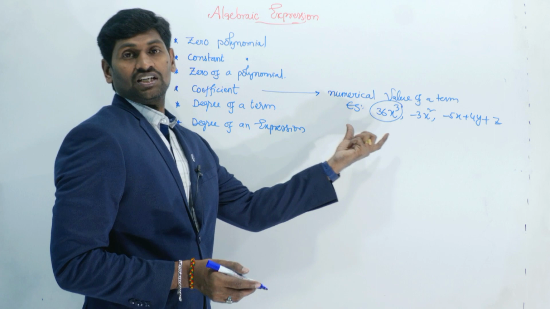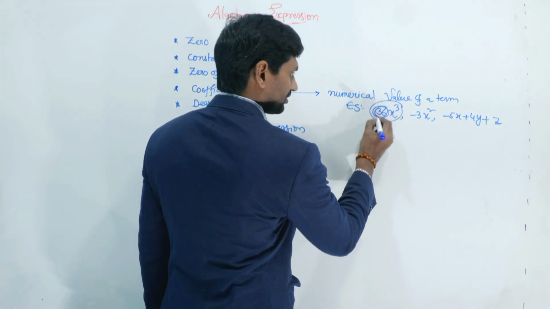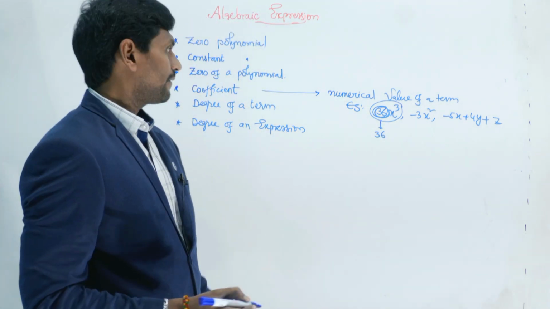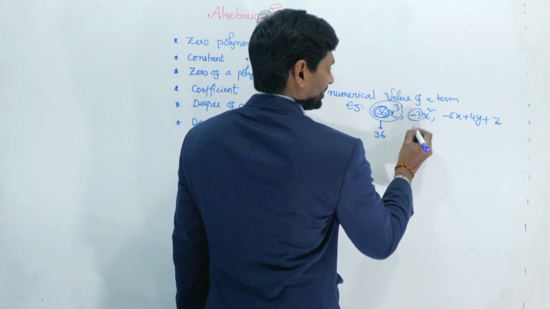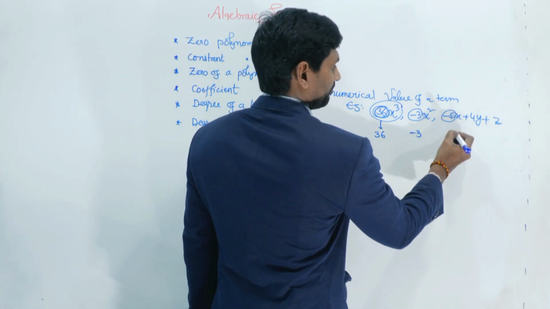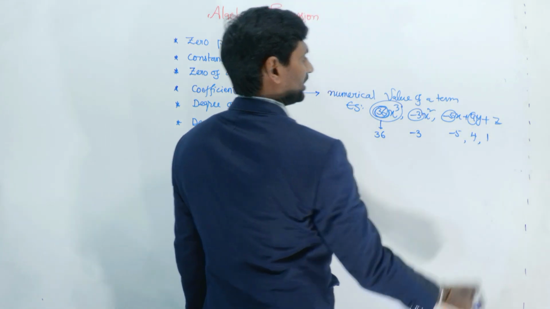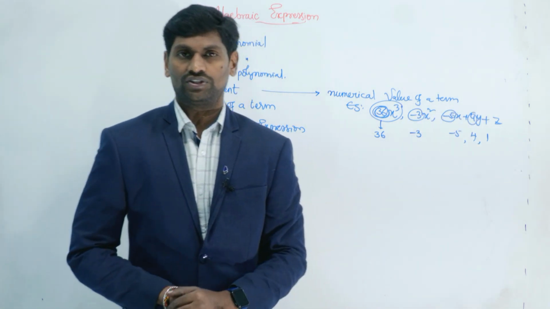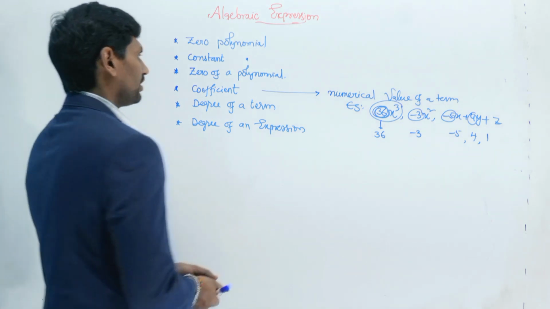The numerical value is 36. 36 is the coefficient of x cube. Here minus 3 is the coefficient. Here minus 5, 4, 1. There are 3 terms with 3 different coefficients. So the numerical value of a term is called its coefficient.